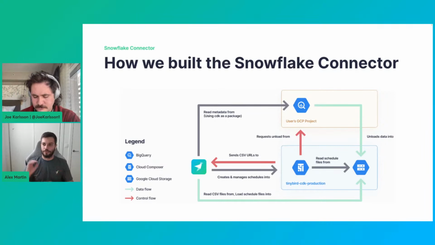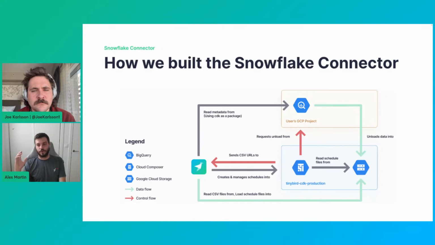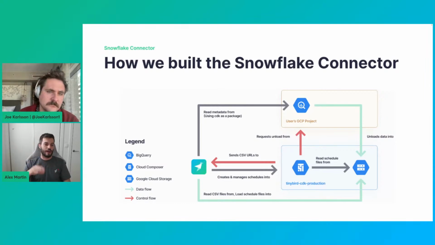Essentially, for every data source that you create that is connected to Snowflake or BigQuery, we spin up a job in Google Cloud Composer for you, so it is fully managed. We unload data from your BigQuery or Snowflake instance into GCS, Google Cloud Storage, and then we load that data into Tinybird by using the API, where you can just send files from remote URLs.